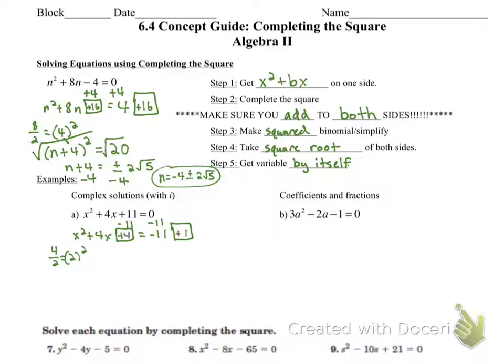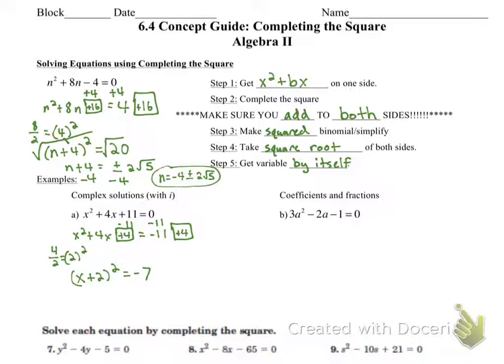I then square 2, that gives me 4. I need to add 4 into both boxes. Now I have a perfect square trinomial, x squared plus 4x plus 4. The binomial squared it's equal to will be x plus 2 squared equals -11 plus 4 is -7.